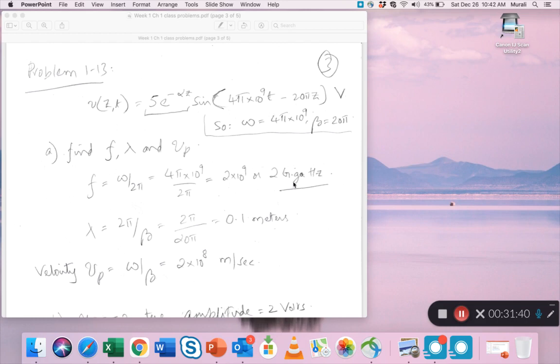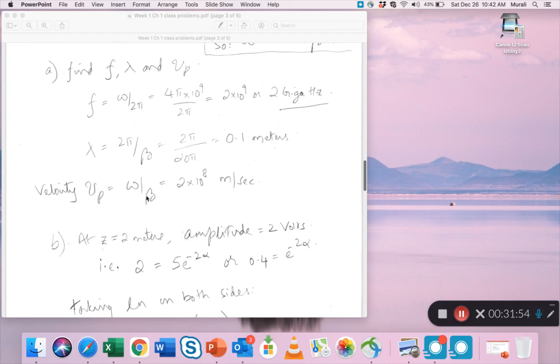So this is certainly not a power frequency because power frequencies are only 50 or 60 hertz, right? Lambda equals 2 pi by beta, so the wavelength is 0.1 meter. Velocity is omega by lambda, which is 2 into 10 to the power 8. So this is not the speed of light, but it's pretty close, right? Because speed of light is 3 into 10 to the power 8.